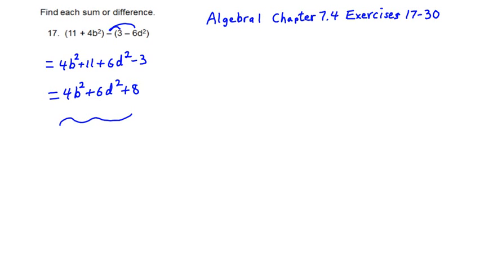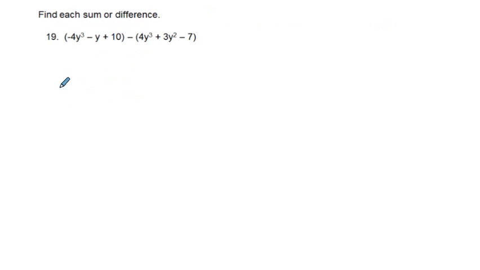Next odd number problem, 19. I'm going to rewrite this in the first set of parentheses as we have minus 4y cubed, or you say y to the third power, and then minus y, and then plus 10.